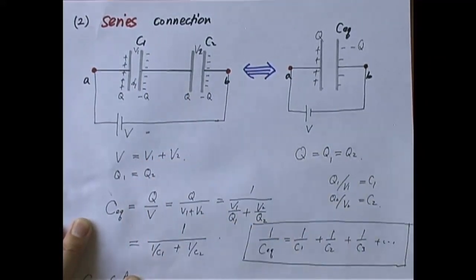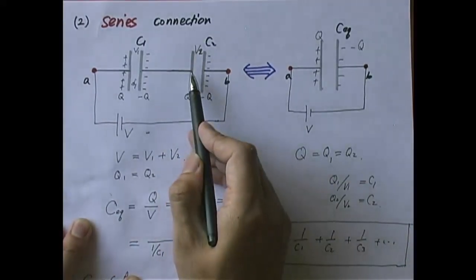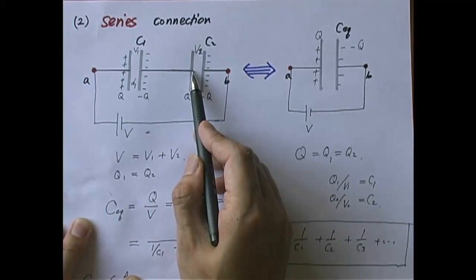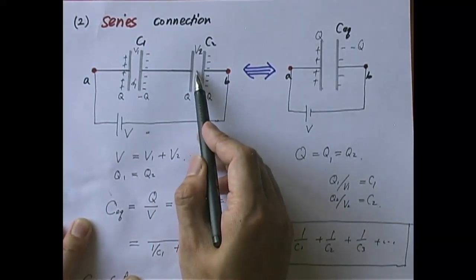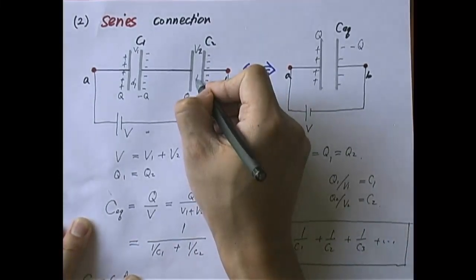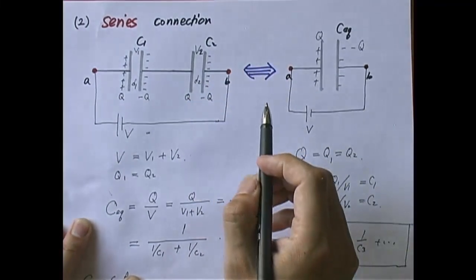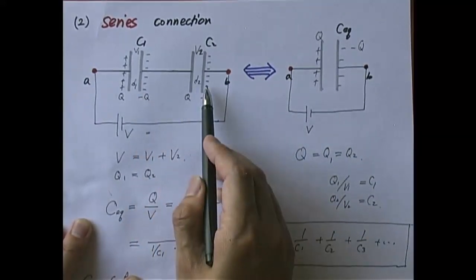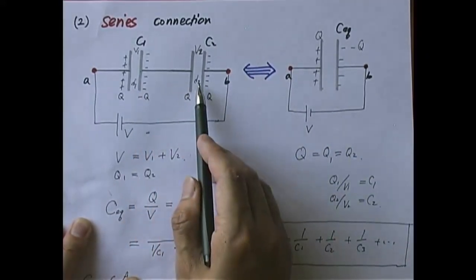I don't care how long the wire is. But once you reach this point, at the same potential as that point, you're going to go through the same process again. You're going to decrease your voltage from here to there, going through another gap D2. So equivalently, the total distance between the positive plate and negative plate would be what? D1 plus D2.